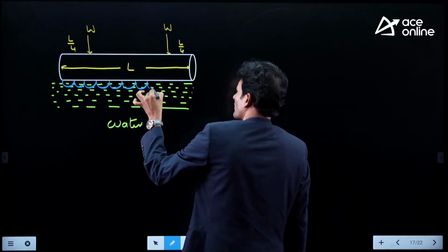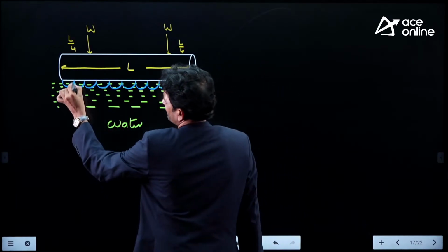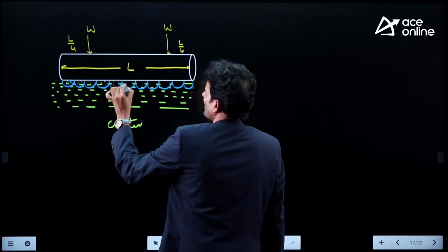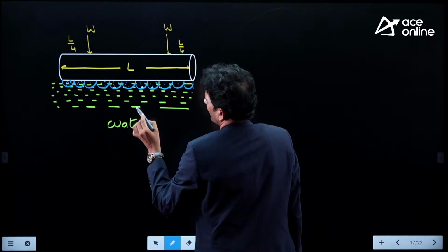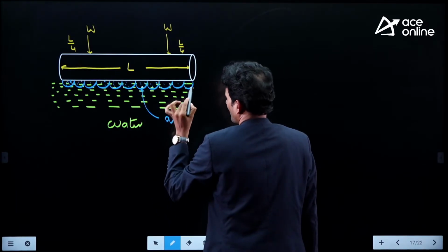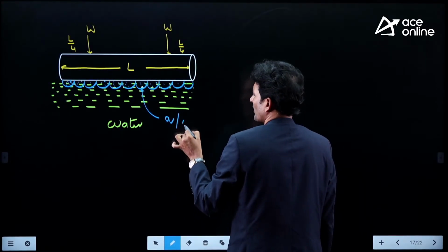We need to account for the effect of buoyancy force. Let us take the rate of load as Q per unit length, maybe kilonewton per meter or newton per meter, whatever it may be.